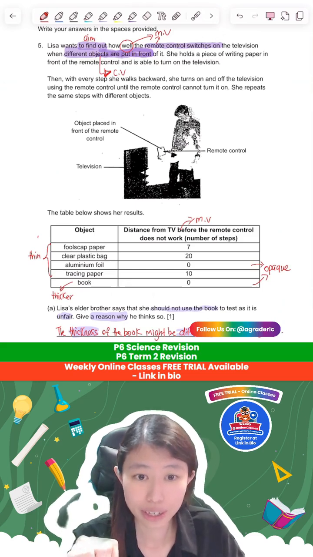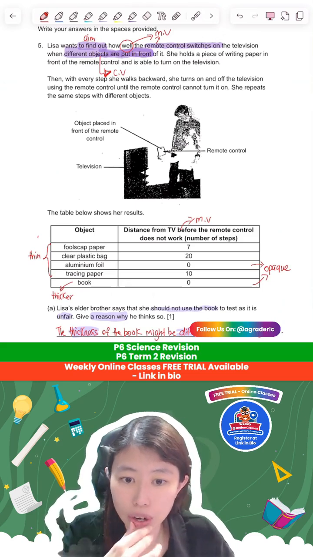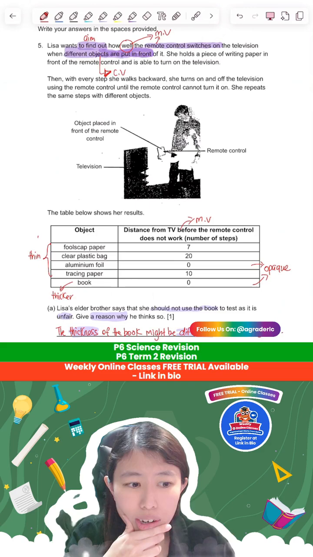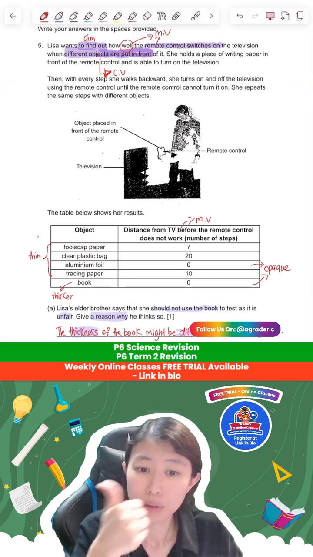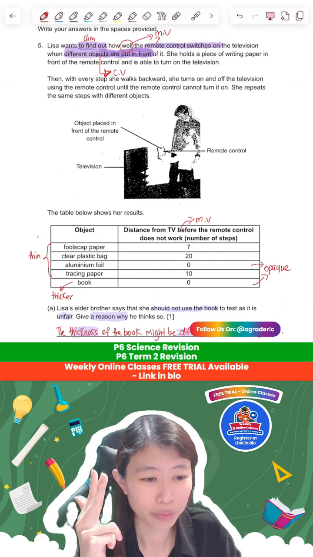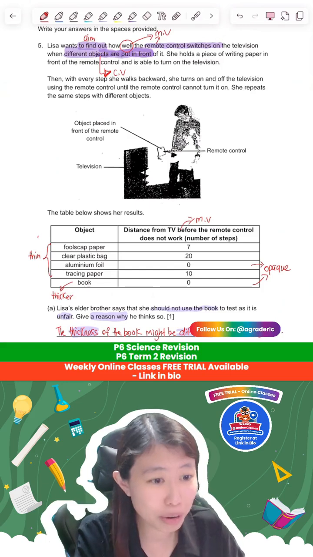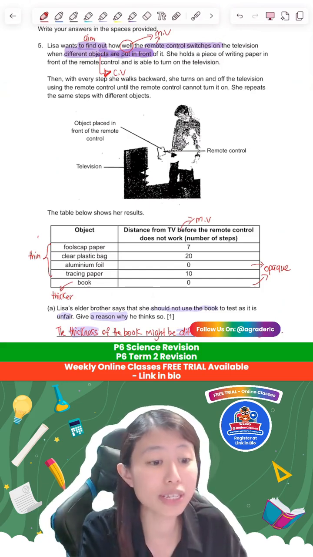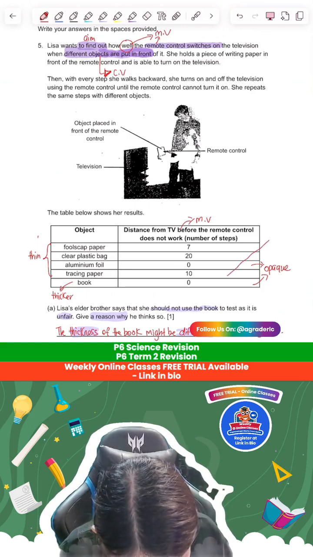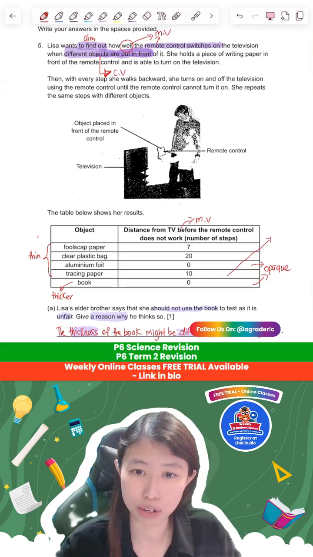Good. Now let me ask you all, what about tracing paper? Tracing paper allows what? A little bit, very good. Some of you mentioned translucent, some light can pass through. So what else? There's one more that allows some light to pass through.